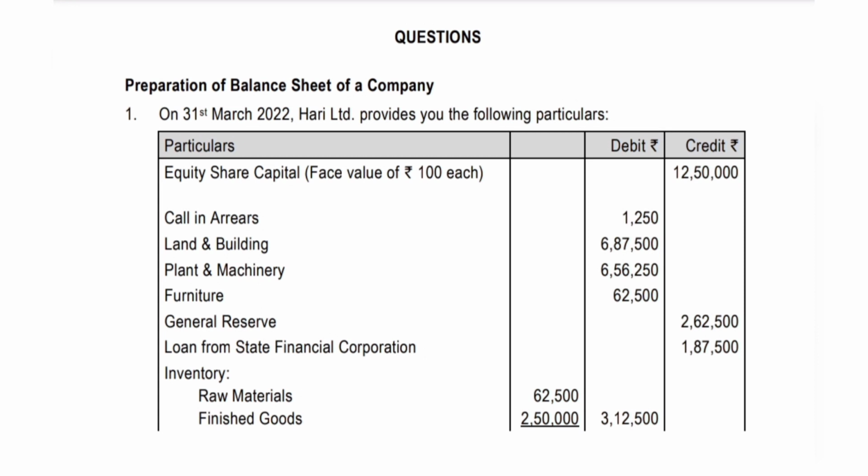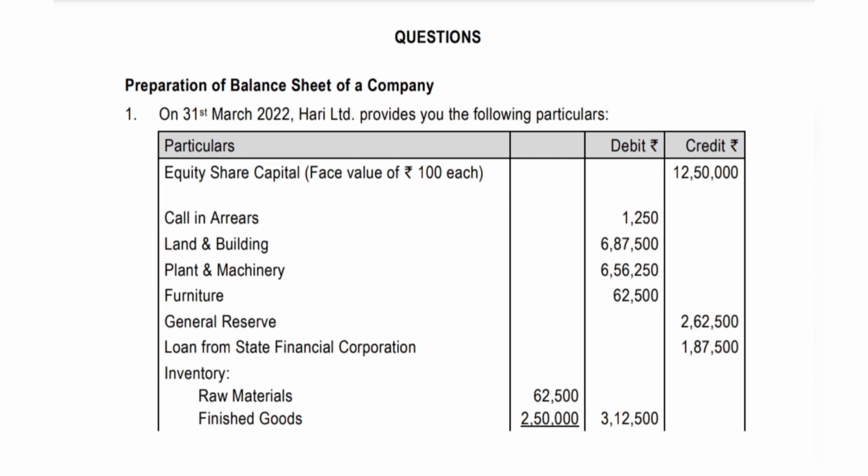Every piece of information must be supported by a corresponding note. In this note we have to provide what the share capital is, whether it is equity share capital or preference share capital, how many shares are issued, subscribed and paid up. So these types of details we have to give.